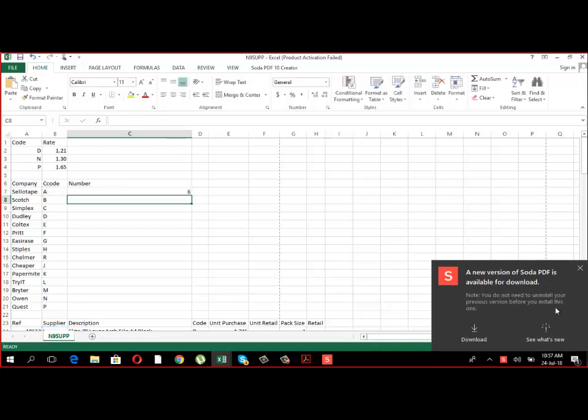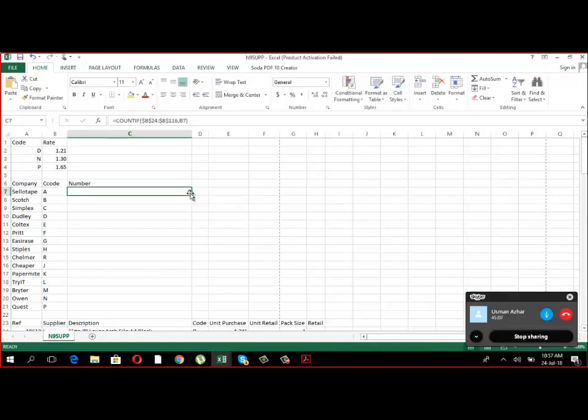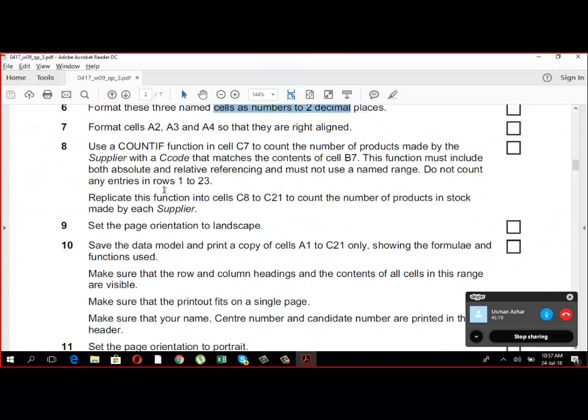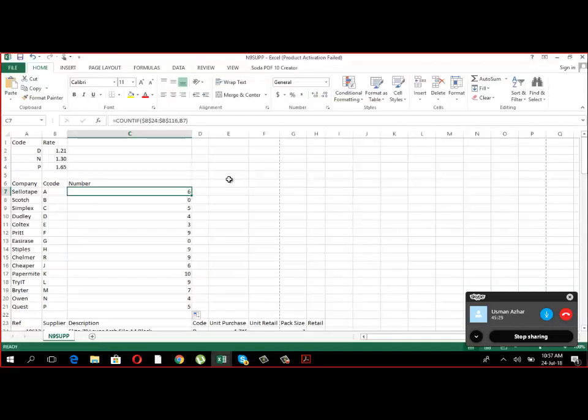Enter. Now I replicate. It's telling me how many times B, C, D, E are appearing. And this is what the question was. And you know what? He says this function must include both absolute and relative referencing. So we have it.